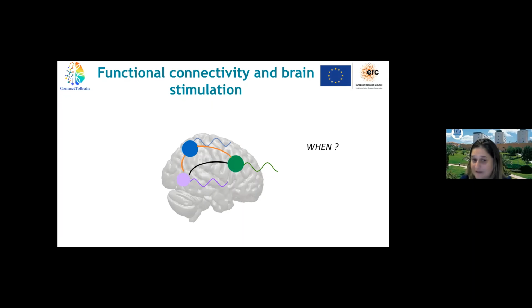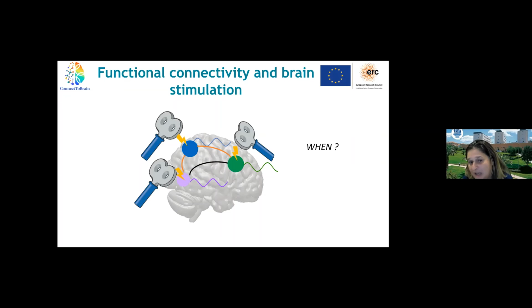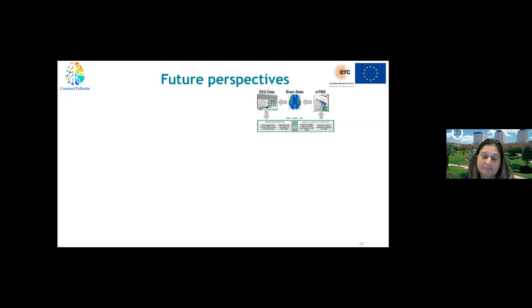In this case, we want to stimulate when we have the motor network up, for instance left M1, SMA and right M1, and we will do that in such a way that we are not stimulating everything synchronously, but maybe with some delay between left M1 and right M1, and with a shorter delay between left M1 and the SMA.